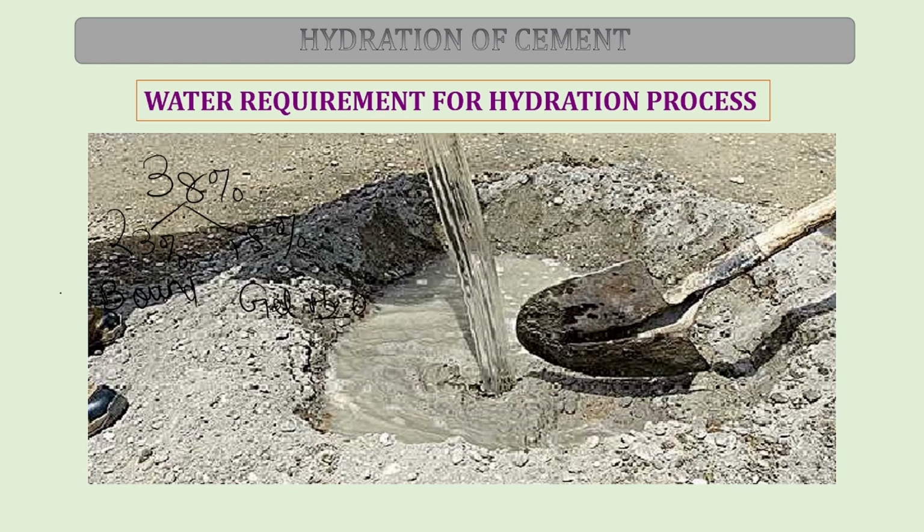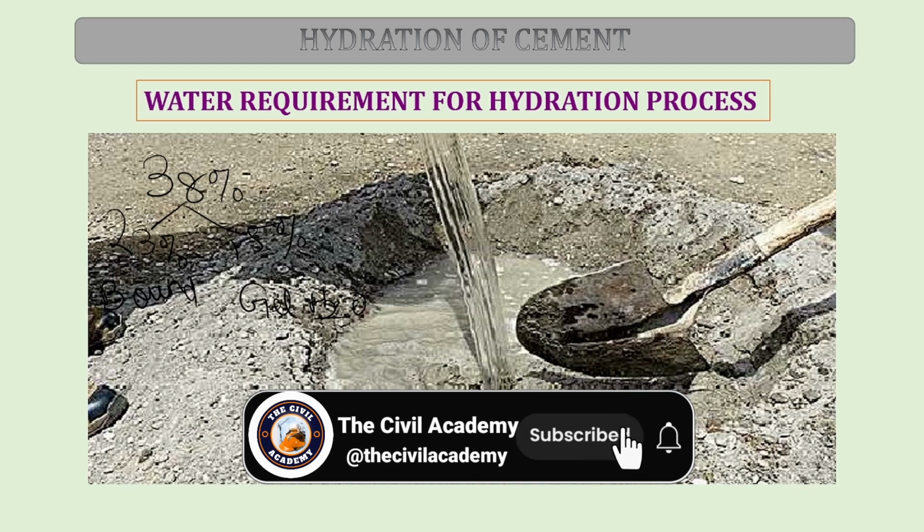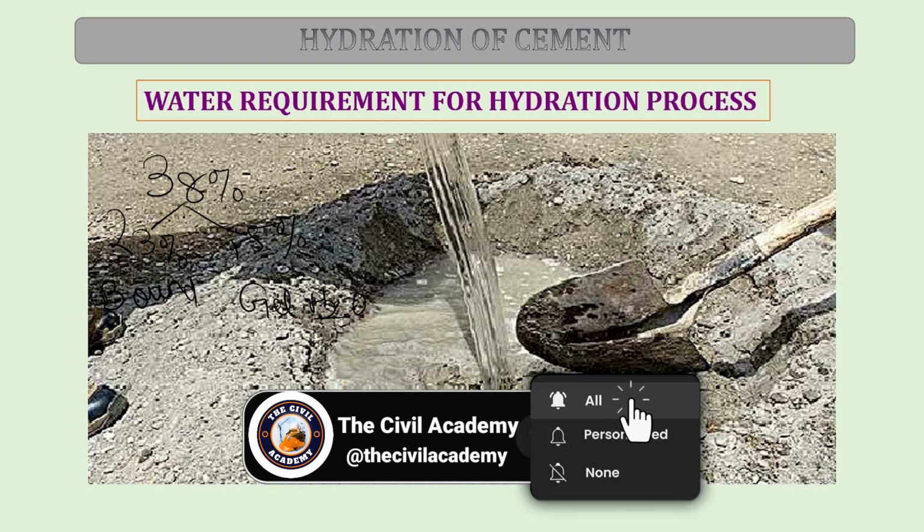Now, only this 23%, that is the bound water, participates in the hydration reaction. The remaining 15% is called gel water, because it fills the gel pores. So excess addition of water is undesirable and it is not necessary at all.